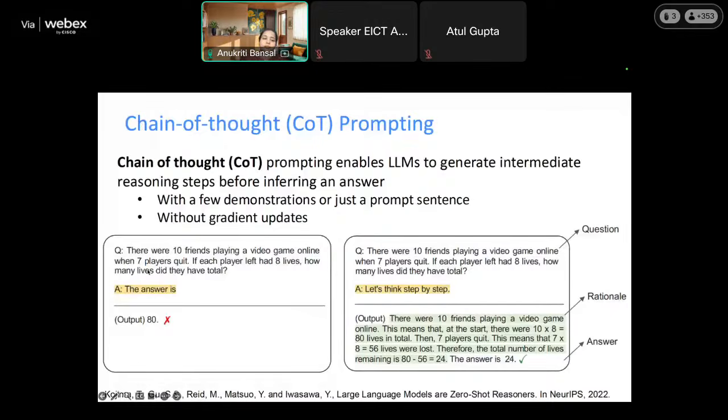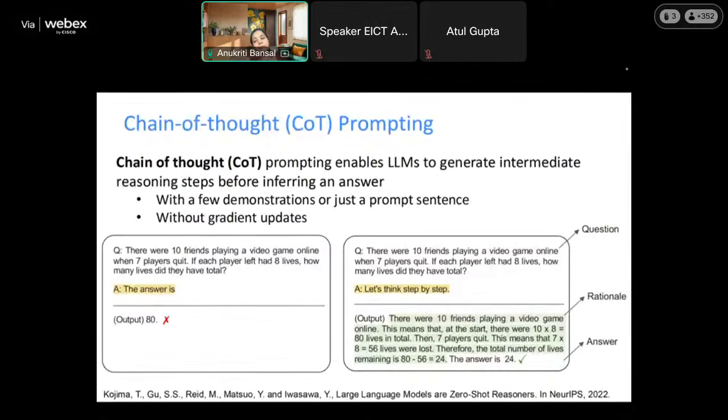Suppose the model is given this question: there were 10 friends playing a video game online when 7 players quit. If each player left had 8 lives, how many lives did they have in total? And it randomly gives 80 as the output. But if I say "let's think step by step", this is the single sentence you have to add, now the model will think step by step to solve this problem.